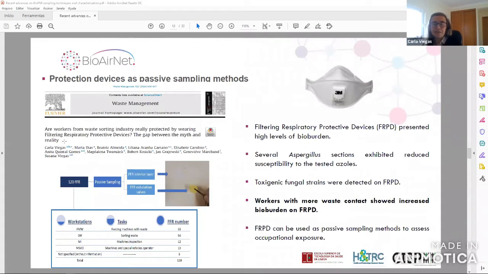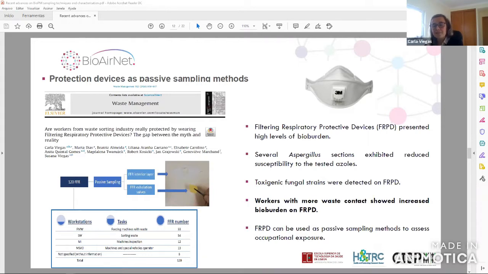Last year, we decided to use protection devices as sampling methods in waste sorting. We started with filtering respiratory protection devices, and both the interior layer and isolation valves were analyzed, applying culture-based methods and targeting harmful fungal species and mycotoxin detection.